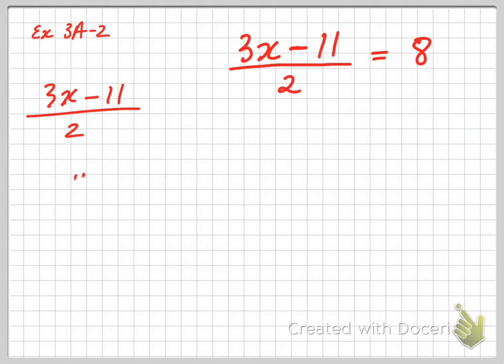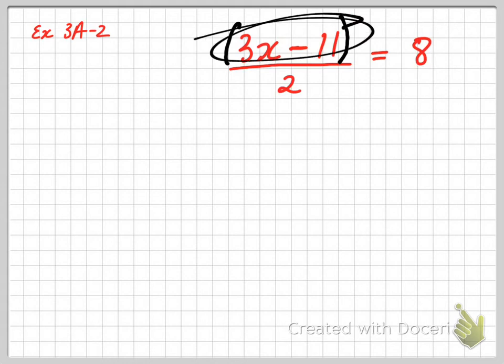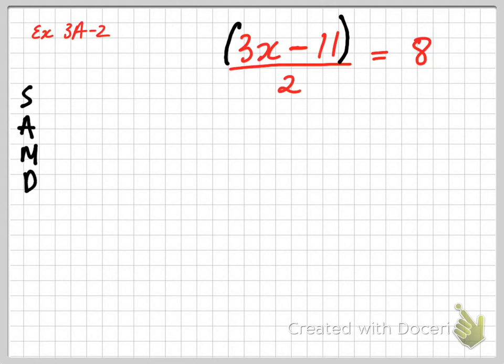So what should we learn from this example here? And especially this being an example from the textbook, we should make sure that we put a bracket there, because we're saying the whole thing is divided by 2. It's very important, because if we don't put the brackets, then we will not be able to apply the Sam-Dobb method properly.